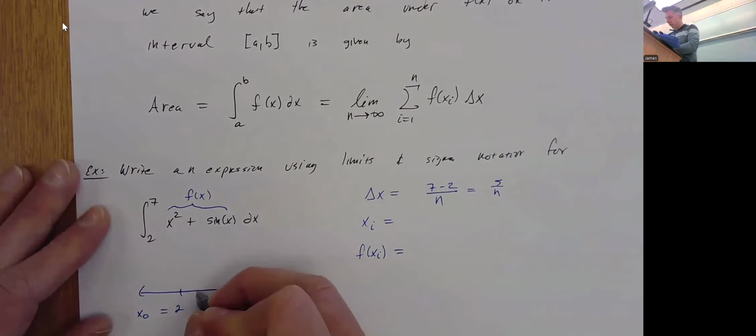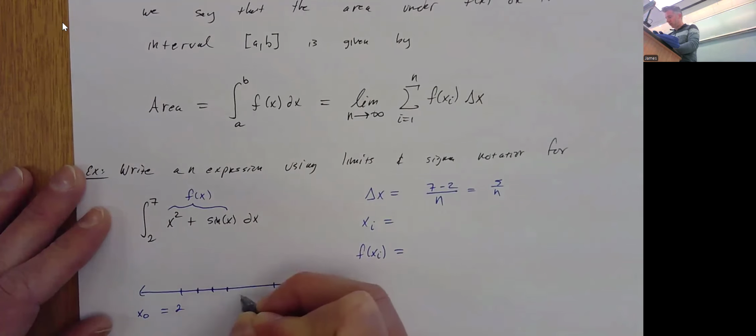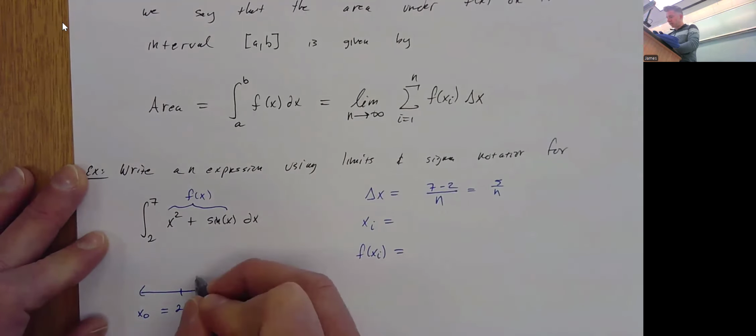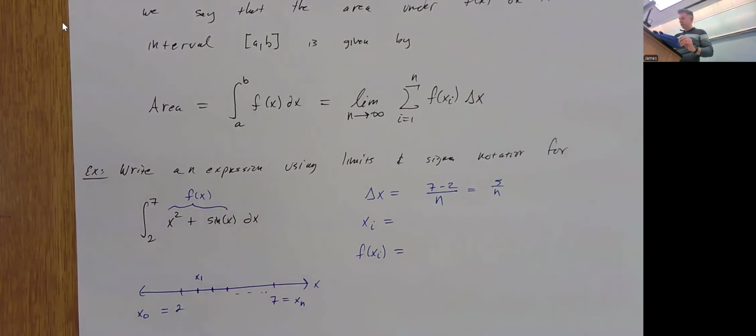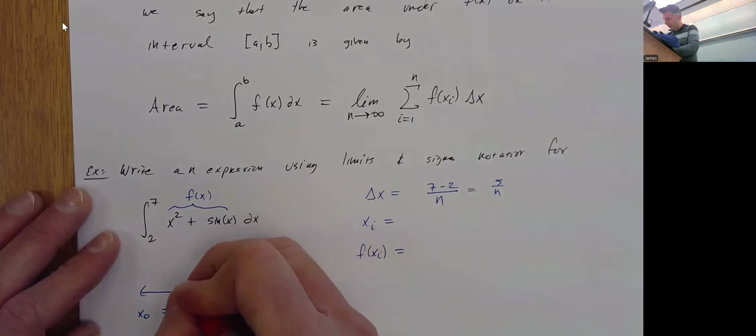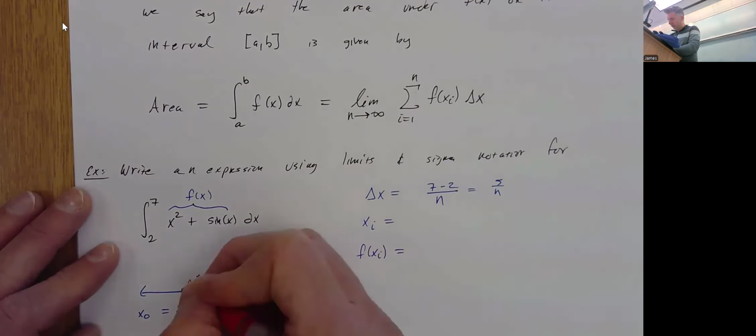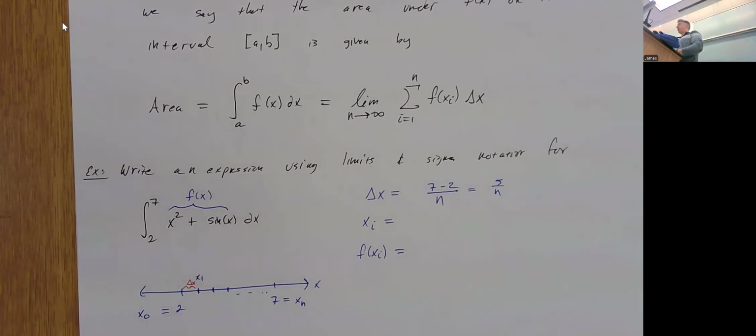So if I have x sub 1, x sub 2, x sub 3, and so on, my x sub 1 is exactly delta x away from x sub 0.